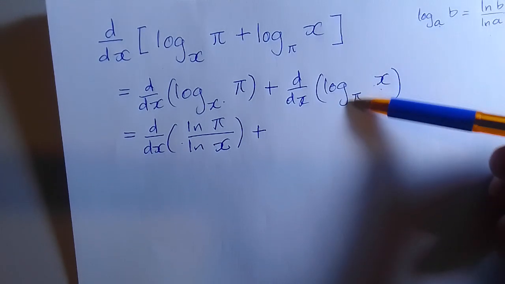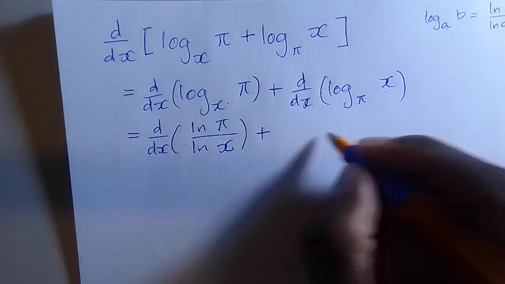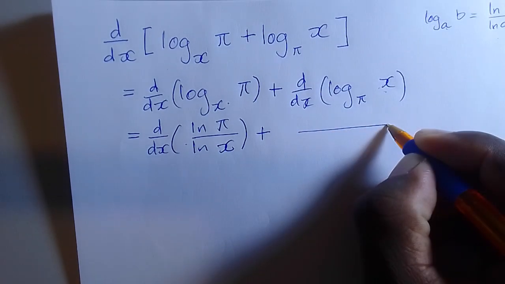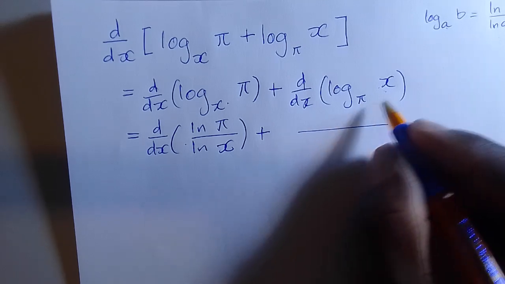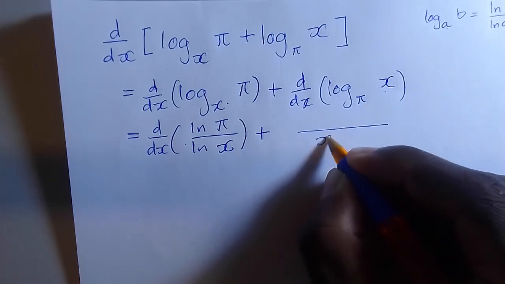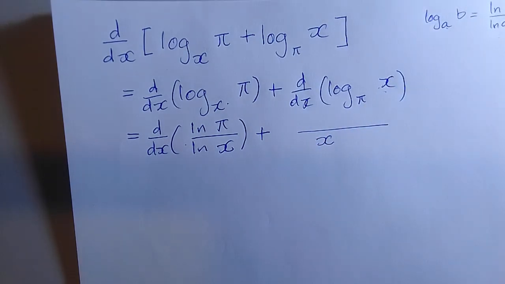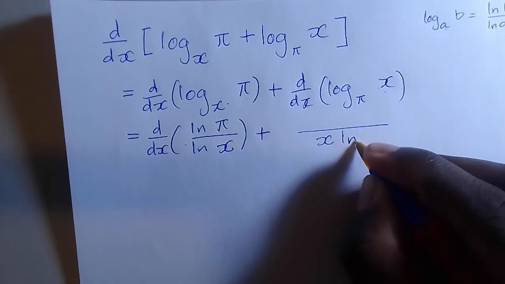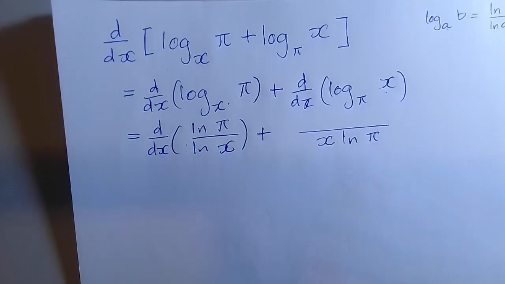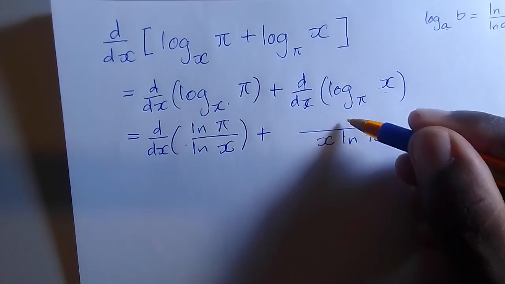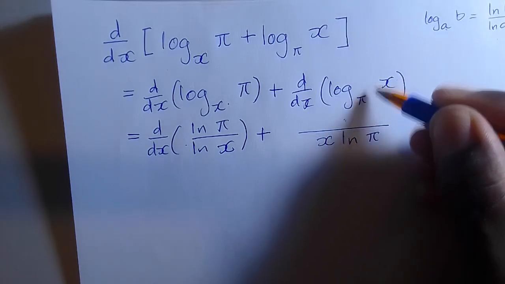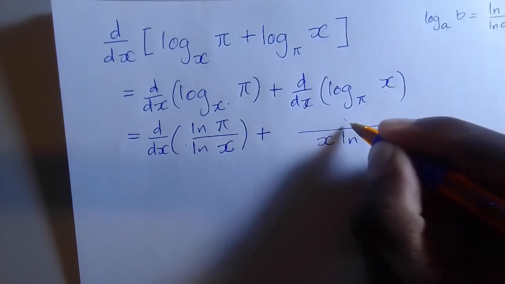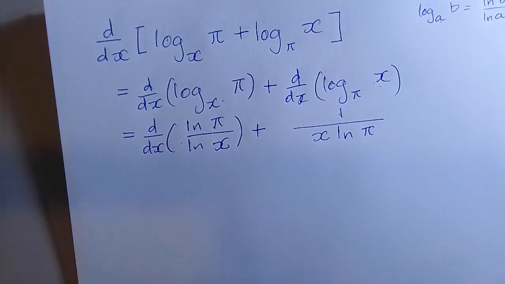So when you differentiate logs, you put the original function on the denominator and you say ln of the base, and then on the numerator you put the derivative of the original function that is inside the log, and the derivative of x is 1.